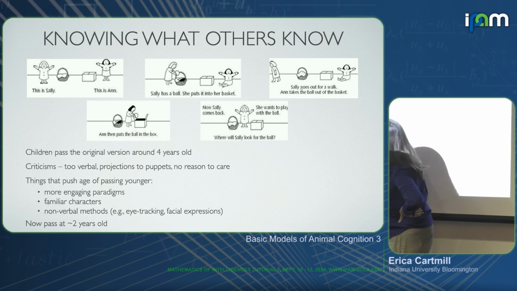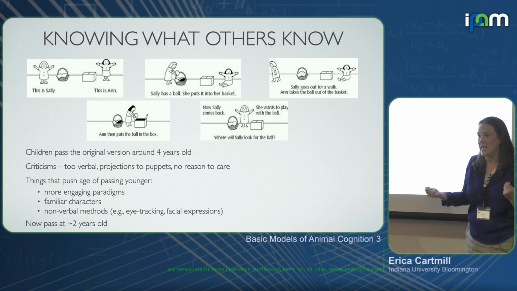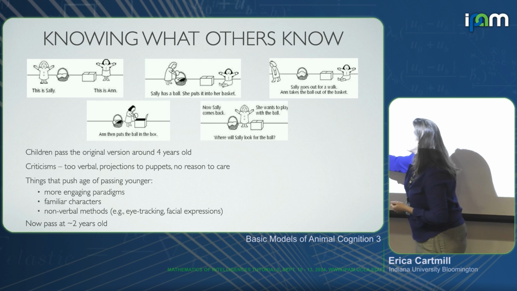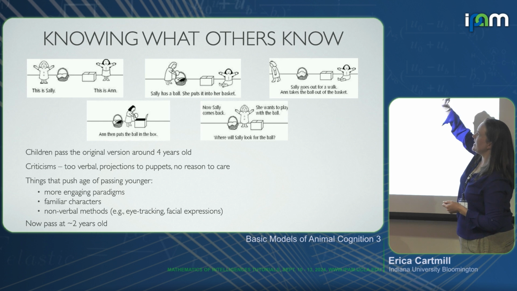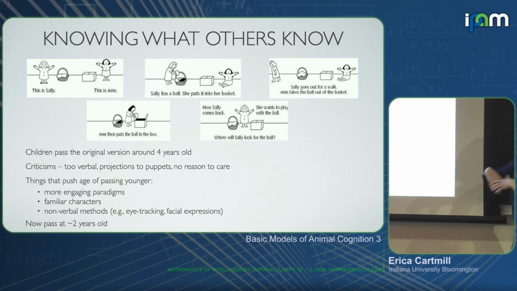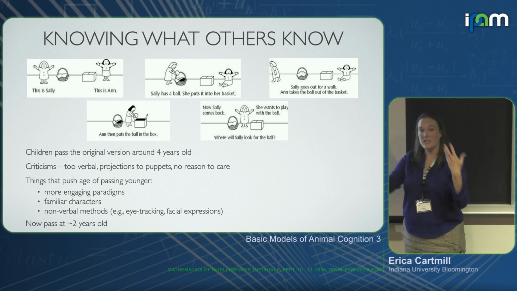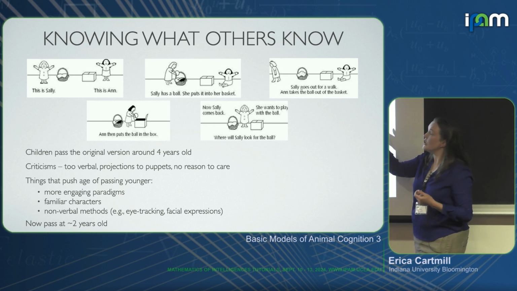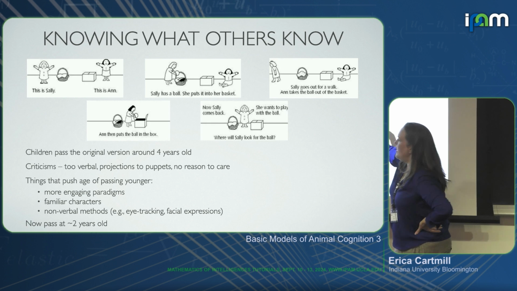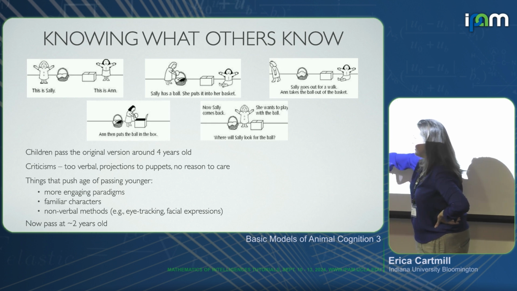If you give them more engaging paradigms where you're acting things out in front of them, if you use familiar characters, so instead of Sally and Anne, characters from a cartoon show they watch, or individuals in their own family, including family pets, they'll do much better on the task.